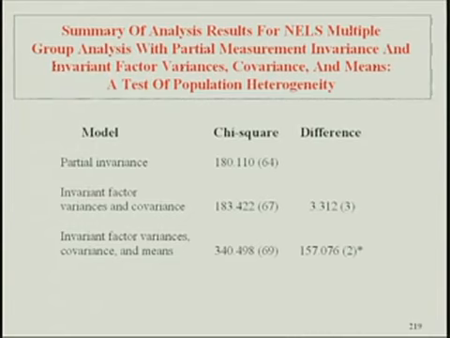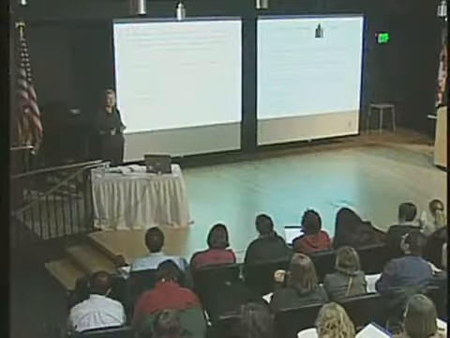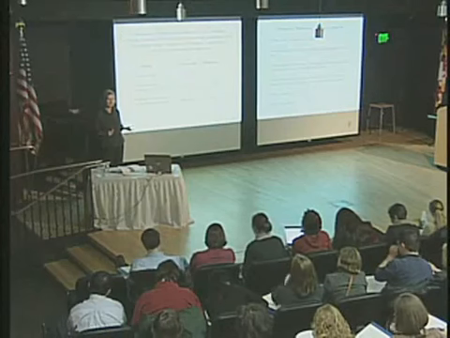And then we have the last model, invariant factor variances, covariances, and means, chi-square 340.498, 69 degrees of freedom, and that definitely worsens the fit of the model. So that means the factor means are different for males and females.